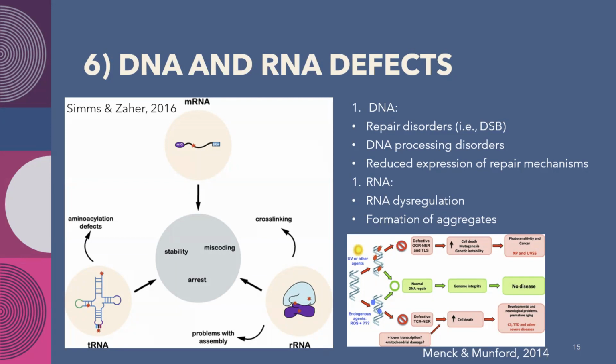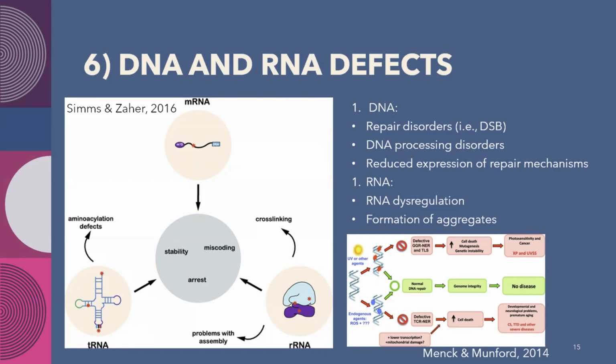In DNA, this can occur in repair disorders, like double strand breaks, and DNA processing disorders, plus reduced expression of general repair mechanisms. For RNA dysregulation, this involves transporting them and making sure they're degraded properly.